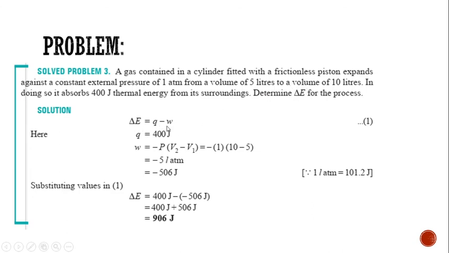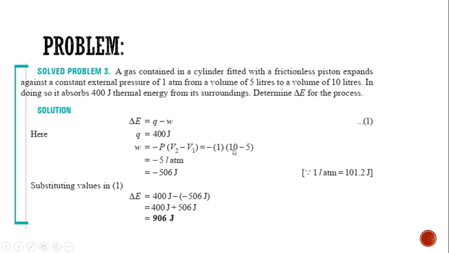Applying the first law of thermodynamics, this is the mathematical form of the first law. The value of Q is given, however we need to calculate the work done. Putting the work done expression here, the formula of work done, the pressure is 1 atmosphere, V2 is 10 and V1 is 5.